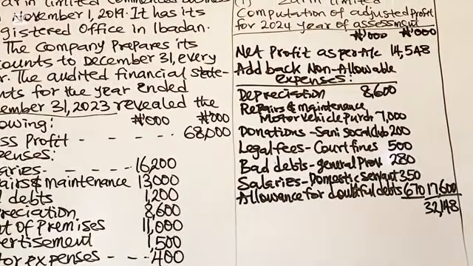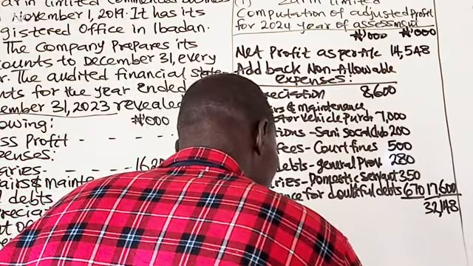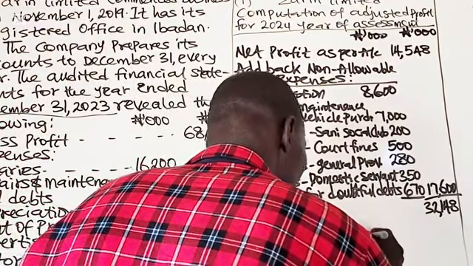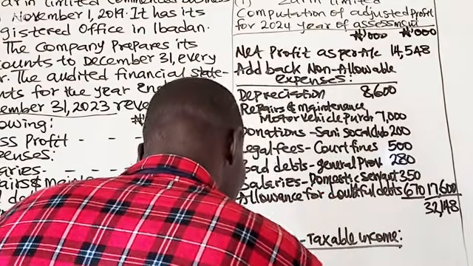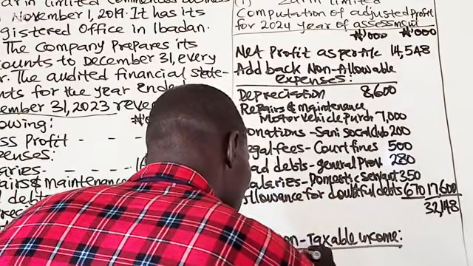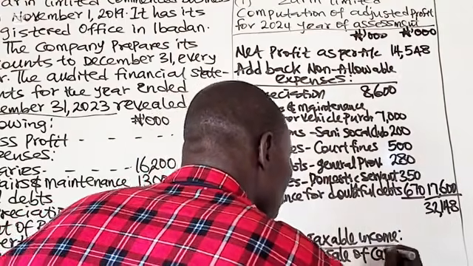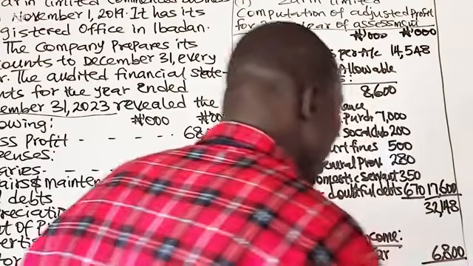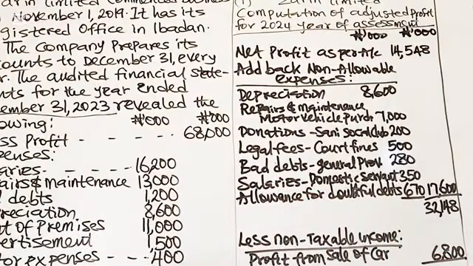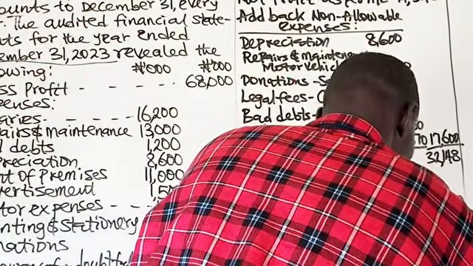So less non-taxable income, and that includes profit from sale of car of 6.8 million. If you subtract 6.8 million from 32,148,000, we have 25,348,000.